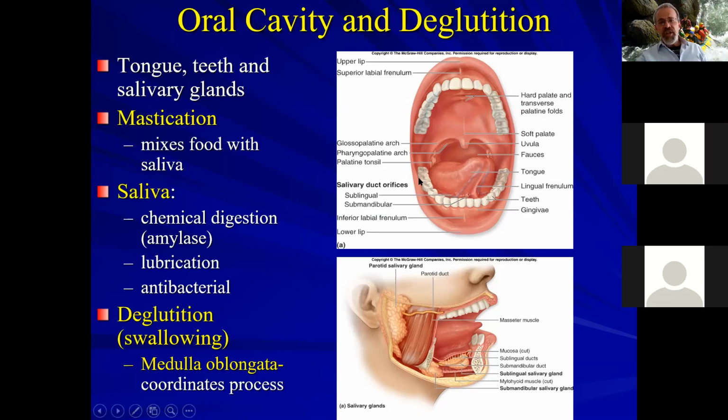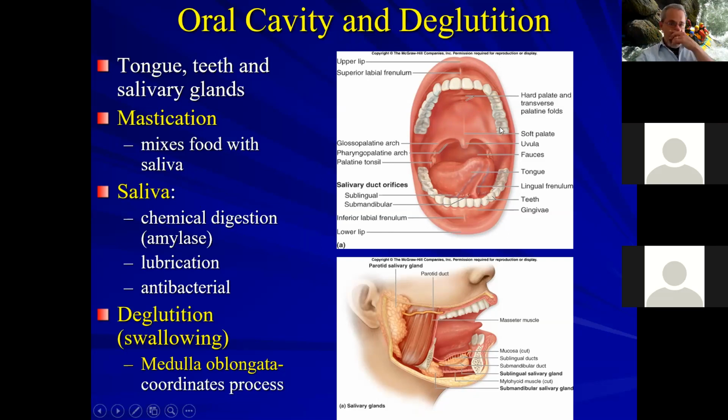The role in digestion has to do with the movement of the tongue. The tongue acts as a mechanical structure, for lack of a more technical term, that slaps food up against the palate, which helps to mechanically break it down. Same thing is true with the teeth, right? I'm not going to get into all the details of the teeth here.